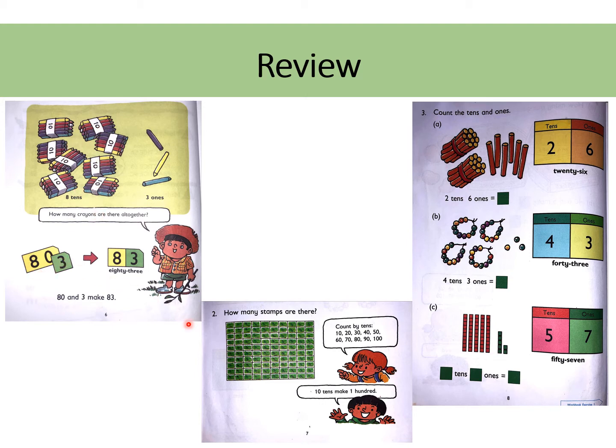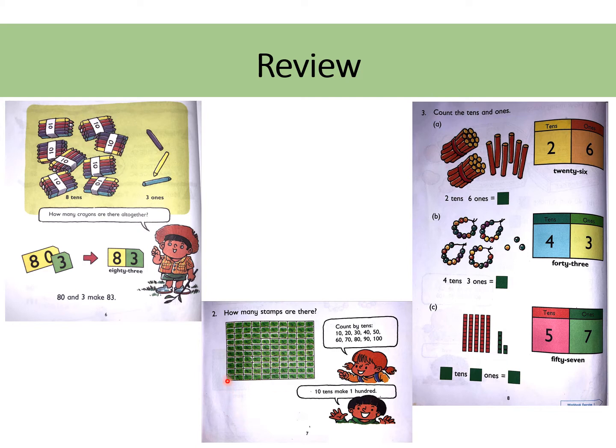Okay? Let's see. Here we have how many stamps are there. So count by tens. You see, one whole line of 10 blocks. And then we have another whole line of 10 blocks. And then another one, and then another, and then another. And if you see, we have 10 blocks of 10, which make 100.